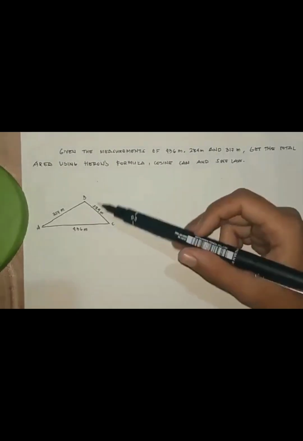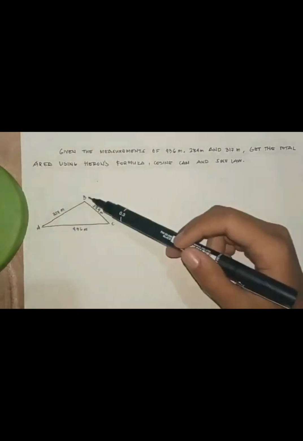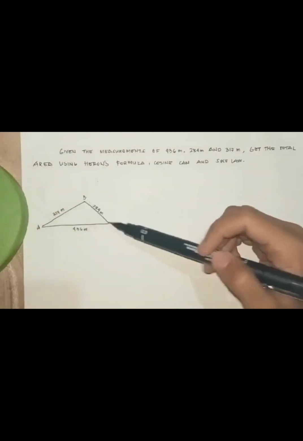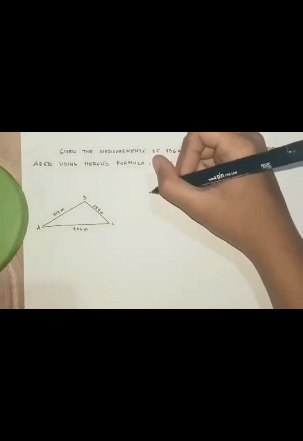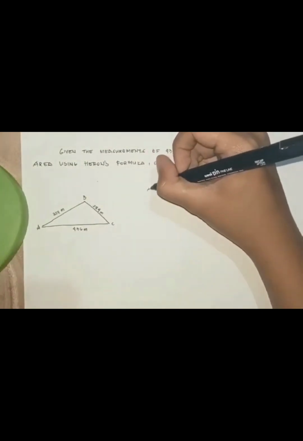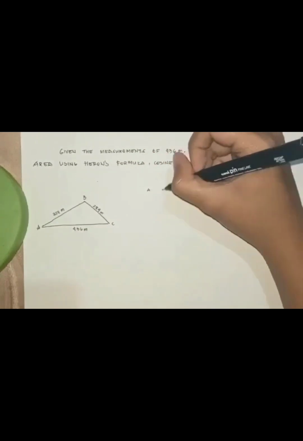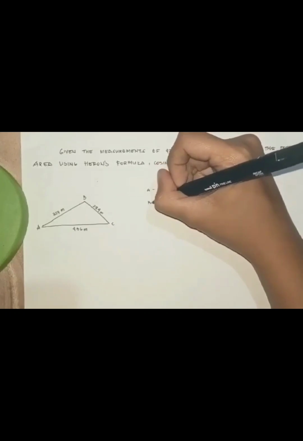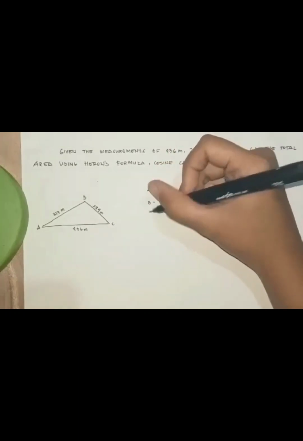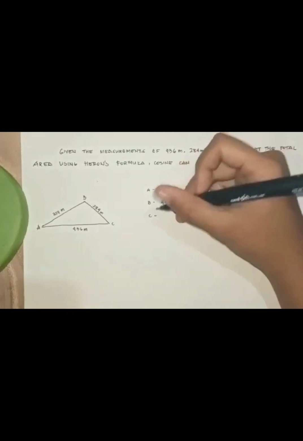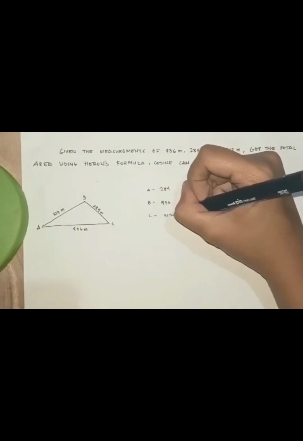This is the figure of the example. The first step is we will get the value of A, B, and C. The value of A is 284, the value of B is 436, and the value of C is 317.